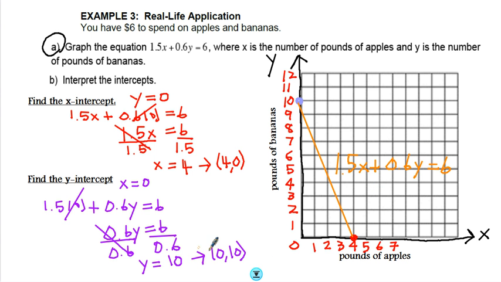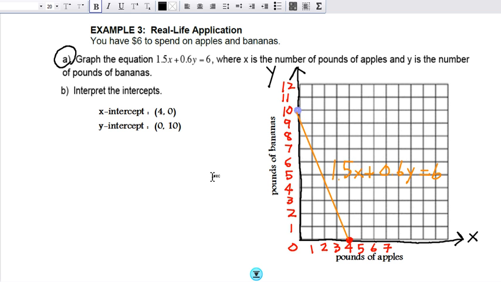Okay, so part B, I'm going to erase some of the work to leave space for me. So let's try to interpret the intercepts for part B. Now, since I have the x-intercept 4, 0 and y-intercept 0, 10, we need to explain in a sentence what they mean.